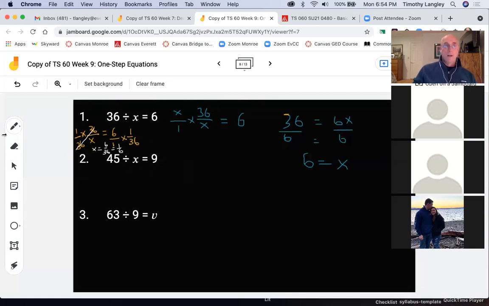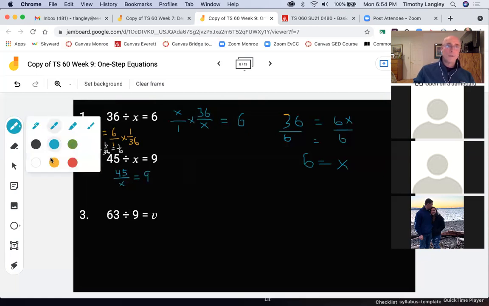All right, number 2, real fast. I have 45 divided by x. Like I told you, turn this divided by thing into a fraction. Write it out as 45 over x equals 9. Go ahead and copy that. And what I do from there, this is supposed to be an x here, is multiply this side by 1 over 45, which is the reciprocal of 45 over 1.